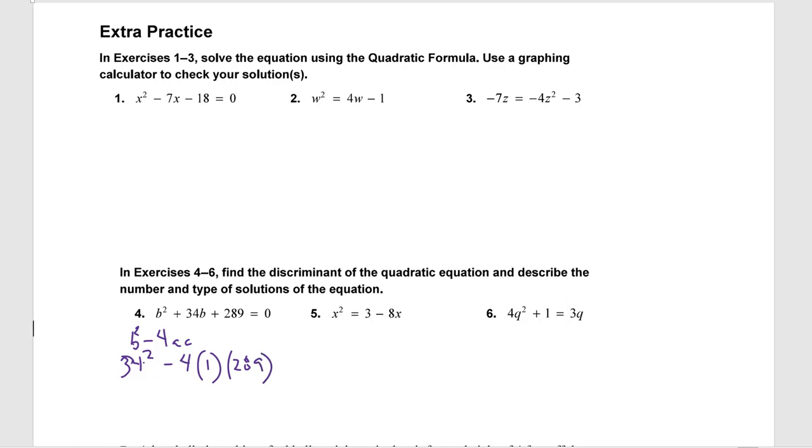What we're interested in here is just whether or not the discriminant is positive, negative, or 0. So calculating 34 squared, we get 1156. Negative 4 times 289 is minus, it's also 1156. So the discriminant is equal to 0.